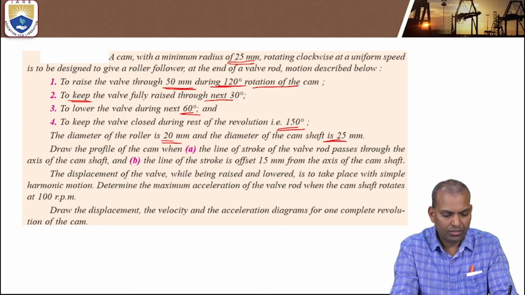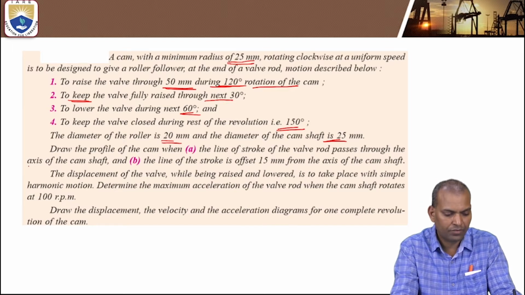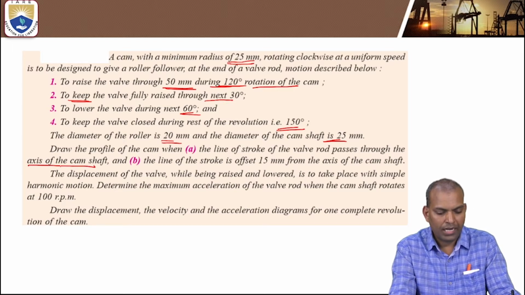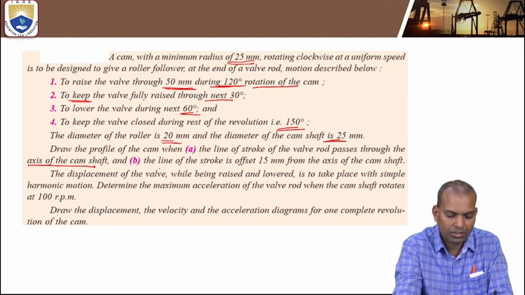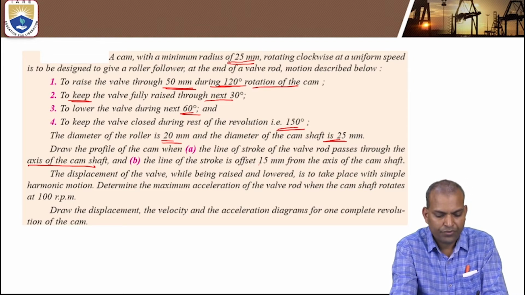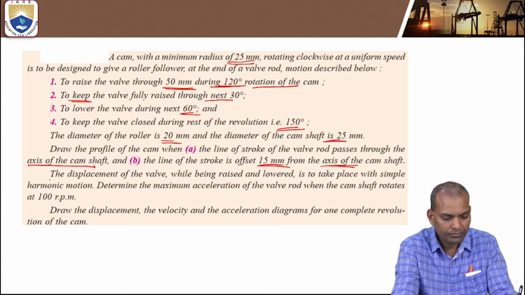Draw the profile of the cam when the line of stroke of the valve rod passes through the axis of the camshaft. And another one is the offset case, where the line of stroke is offset 15 millimeters from the axis of the camshaft.